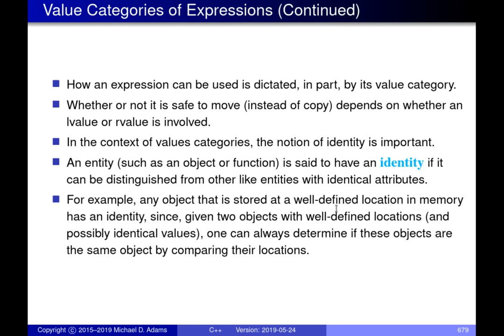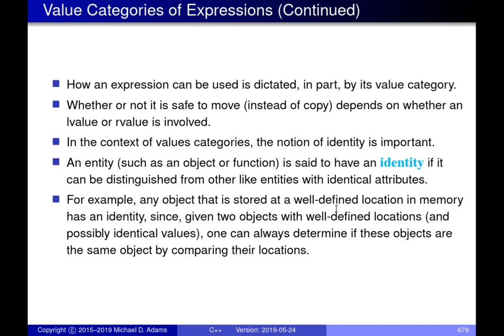Just as an example, if we're talking about objects like variables, if a variable has a well-defined location in memory, in other words, you can unambiguously say it's stored at this address in memory, it must have an identity. The reason is, I have two variables called X, but I'm not sure whether it's the same X or whether one's a global variable and one's a local variable of a function.